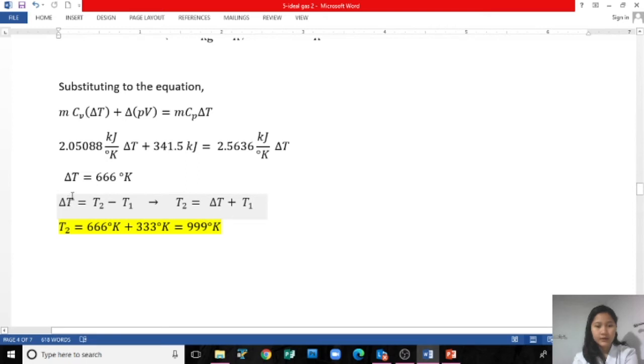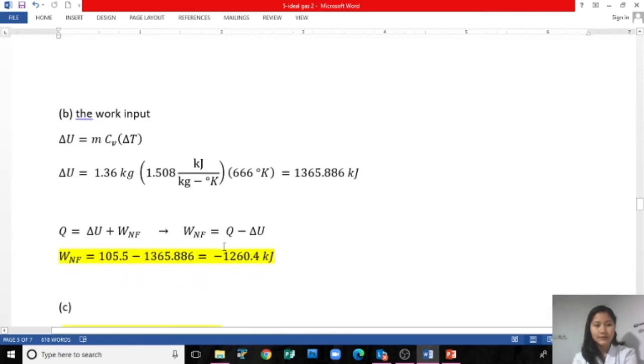To find the T2, since delta T is equal to T2 minus T1, then transforming this equation to find the T2, T2 is equal to delta T plus T1. Now T1 is equal to 333 degrees Kelvin, plus the delta T, which is equal to 666 degrees Kelvin. T2 now therefore is equal to 999 degrees Kelvin.